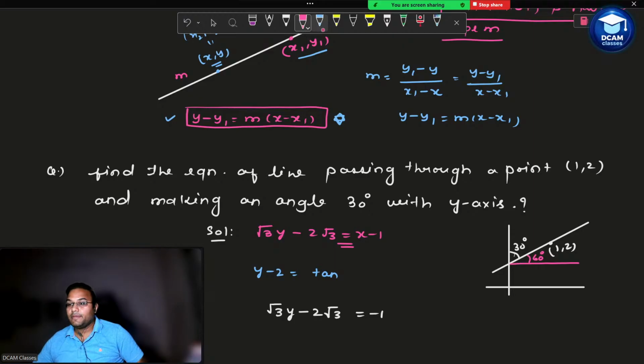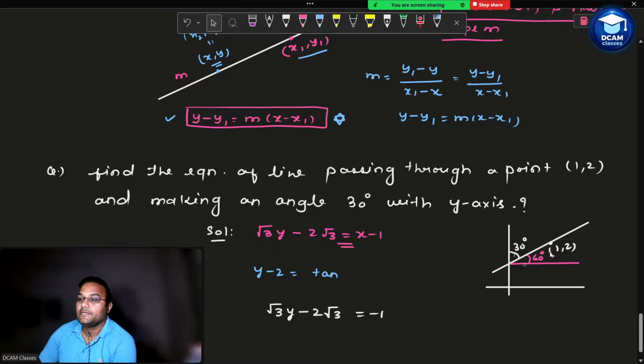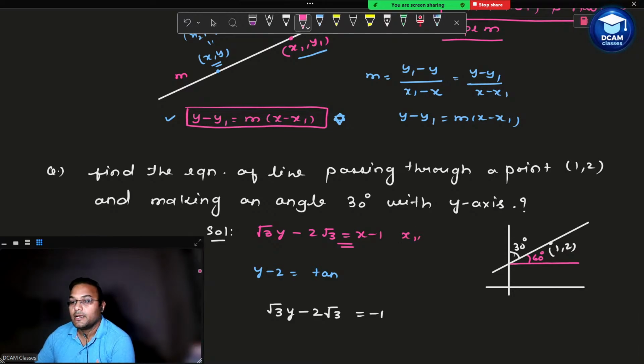So our equation will use y minus y1 is equal to m into x minus x1. The point x1, y1 is 1 comma 2, and your m is tan 60, which is root 3.